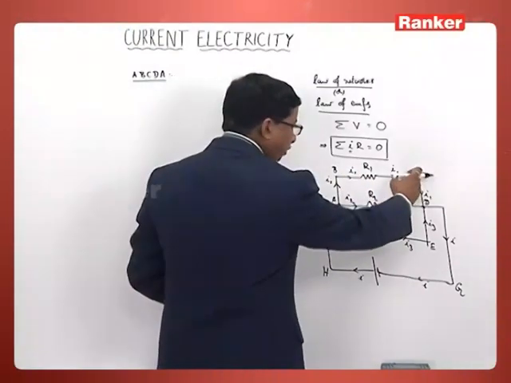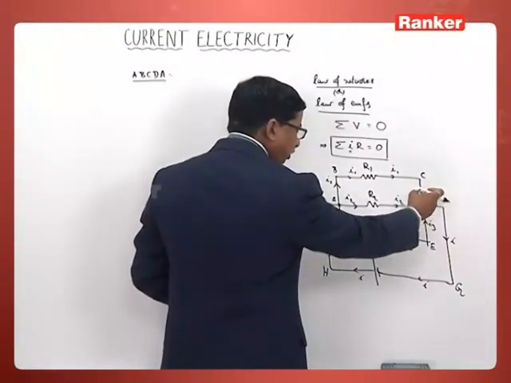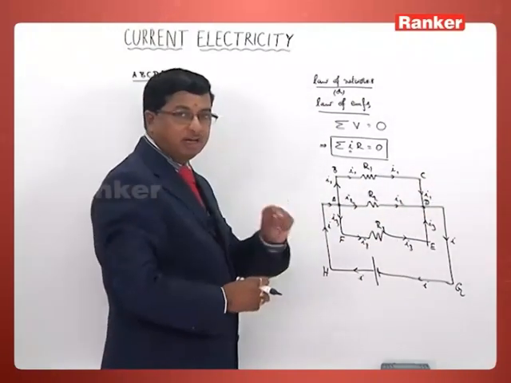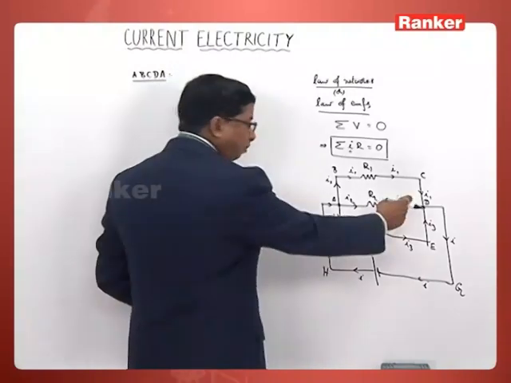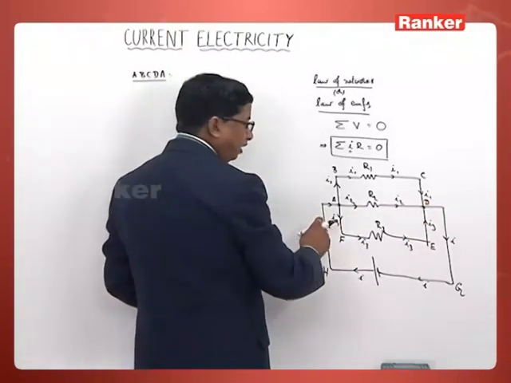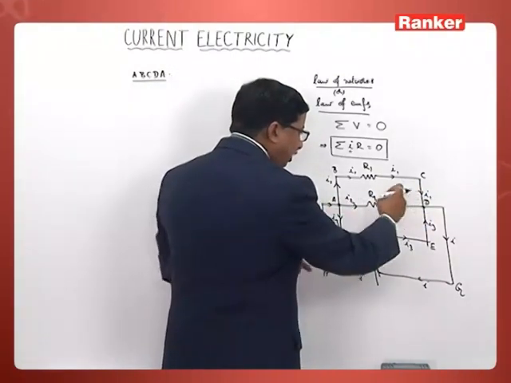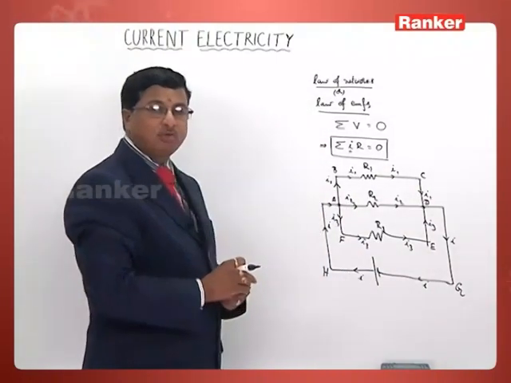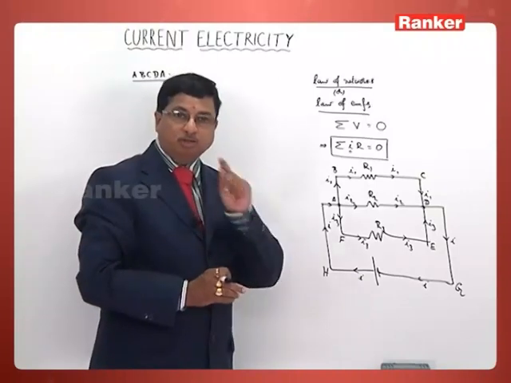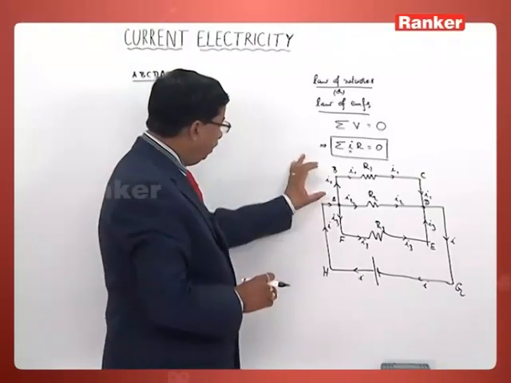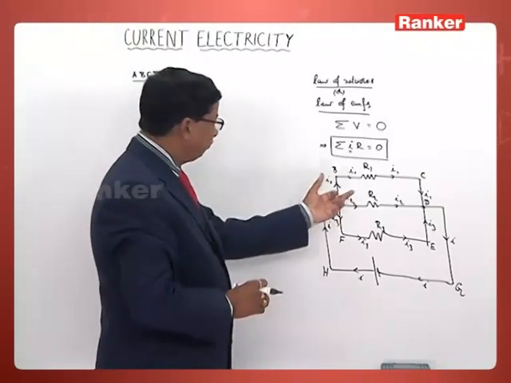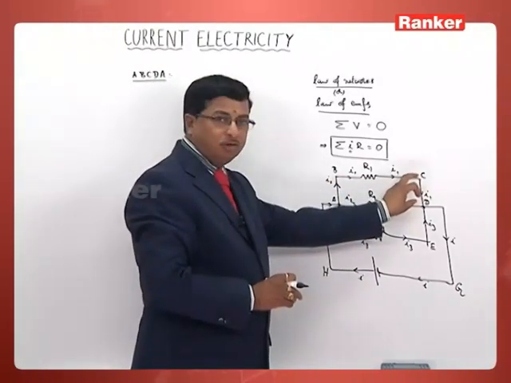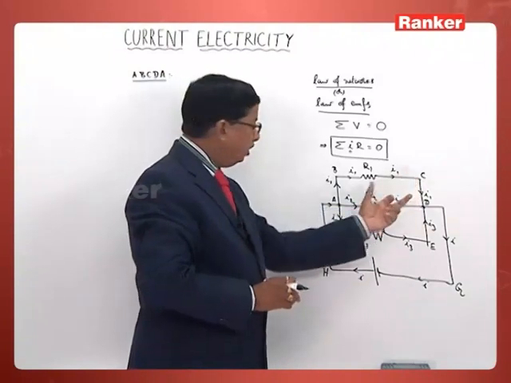When I move from C to D, in the same manner, current I1 is to be written with a negative sign. When we come back from D to A, I am moving against the direction of current I2. In such cases, we take that current with a positive sign there. So here the current is negative, here current is negative, here also current should be taken negative, and here we can take positive.